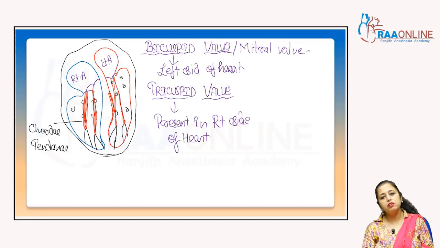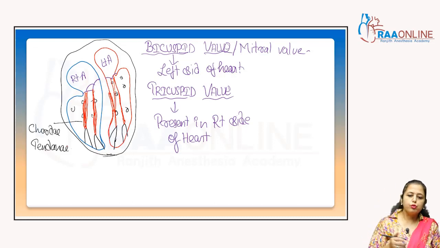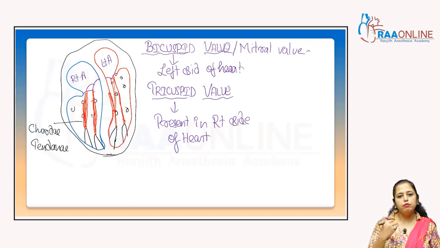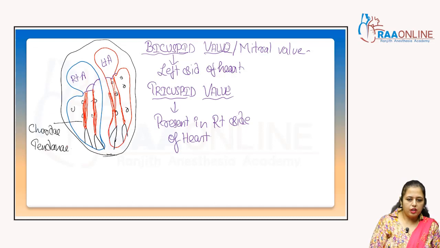So chorda tendineae extend from the valves to the columnae corneae. These are the columnae corneae, which just look like columns, right? The chorda tendineae are attached with one end to the valves and the other end to the papillary muscles, supported by the columnae corneae.